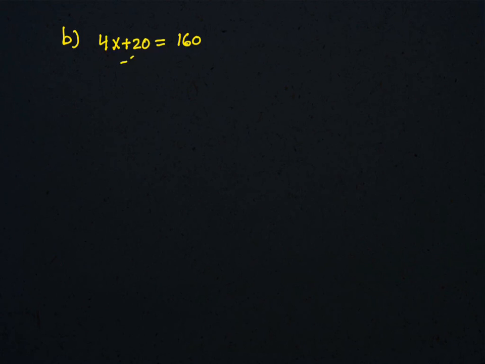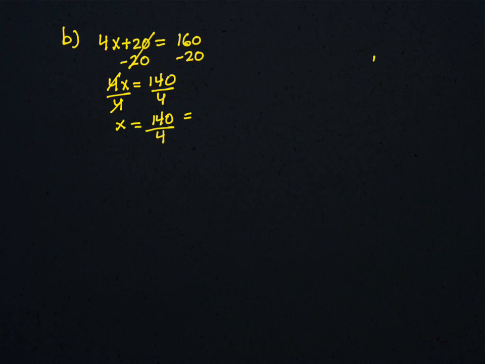And then from that equation, we'll solve for x. So 4x is 140, which means divide by 4 both sides. x is 35. 140 divided by 4. 4 times 3 is 12, and 4 times 5 is 20.